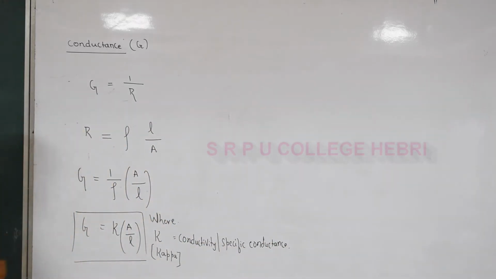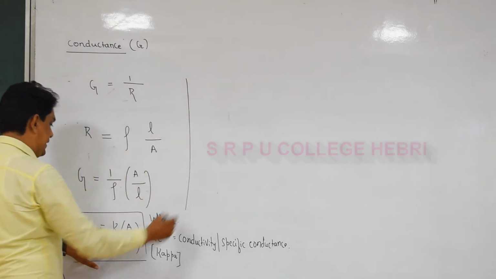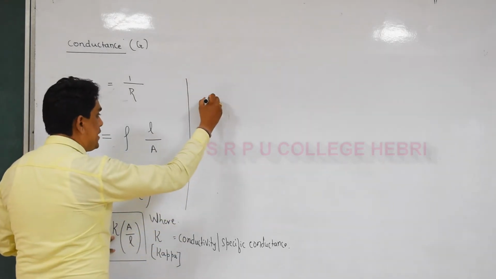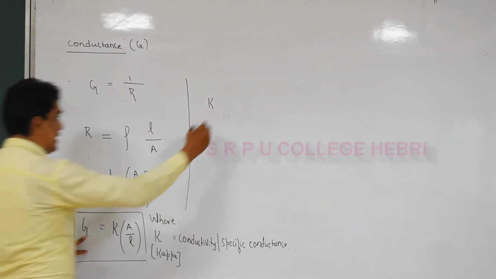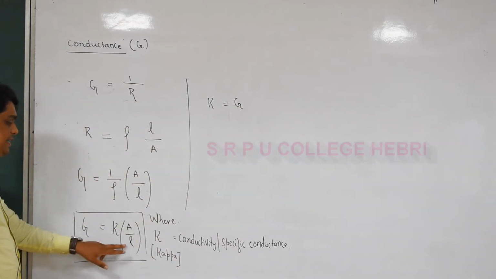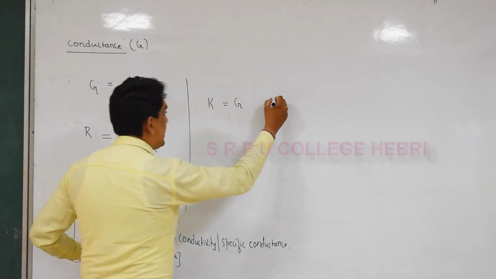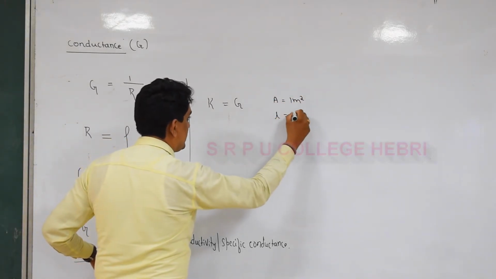Fine. So let me go for the definition now. I want to define conductivity. So once again, the physics way of defining things. When you want to define conductivity, you equalize it with the conductance. In order to do that equalization, I need to take all these parameters as unity. I need to take area 1 square meter and length 1 meter.